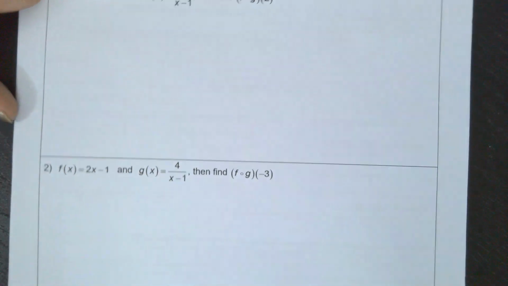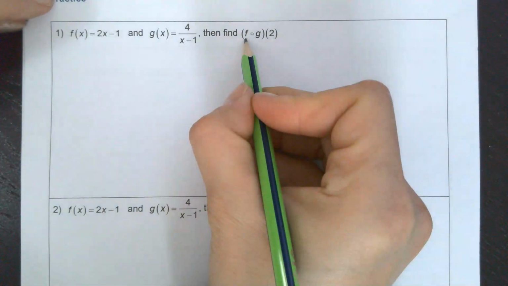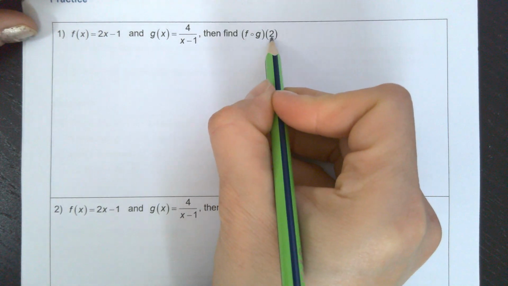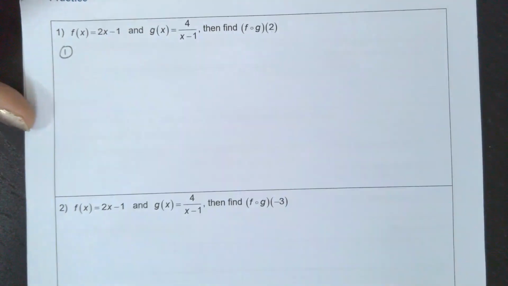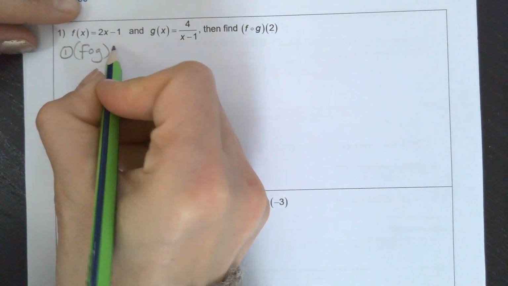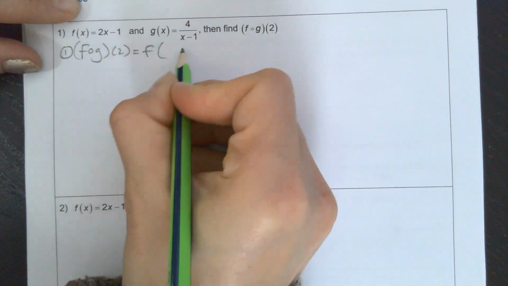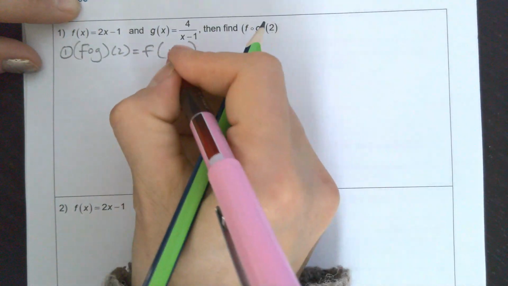So I have two functions, and it says find f of g of 2. My first step is I want to write it nicely. So f of g of 2 is really equal to f, and inside f, I'm going to put g of 2.